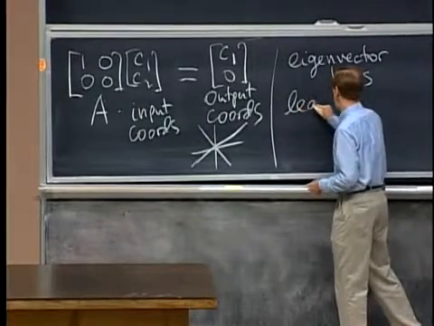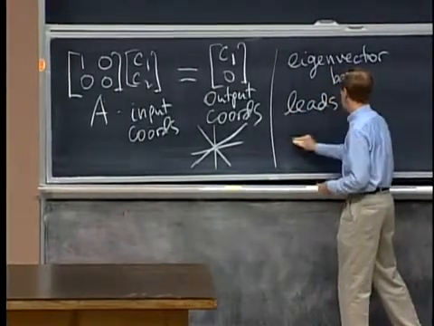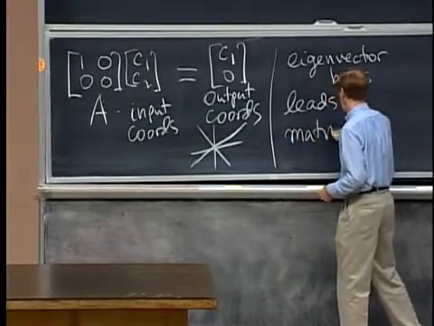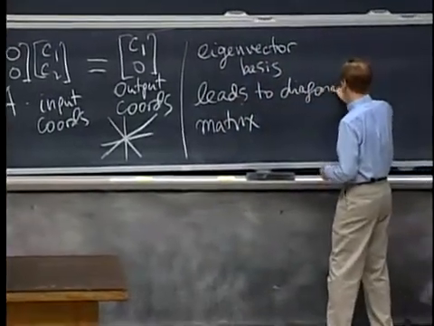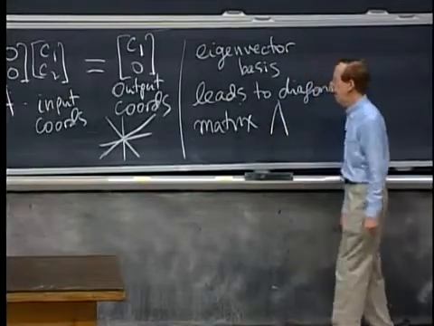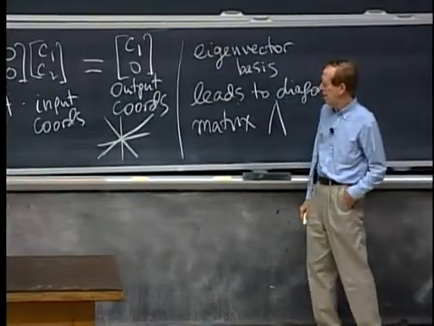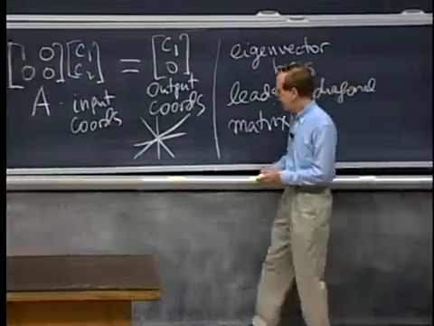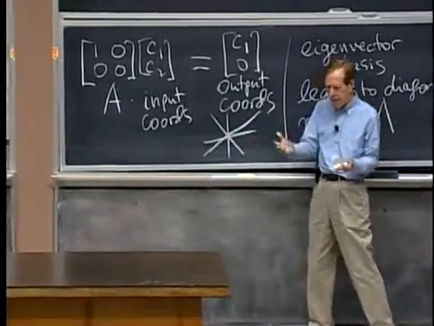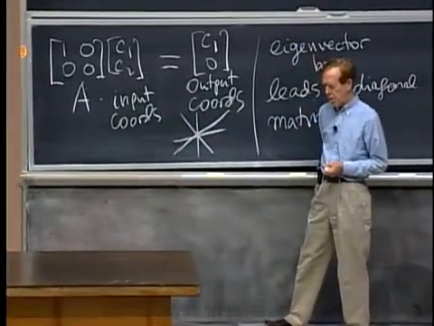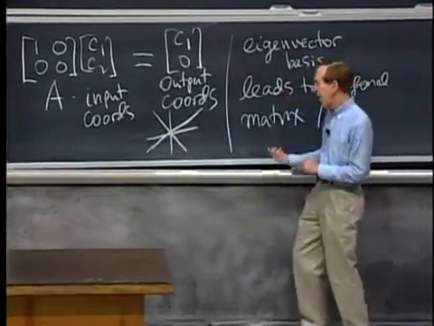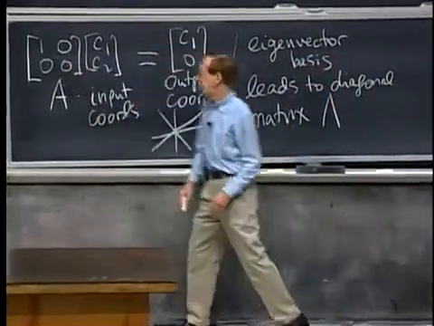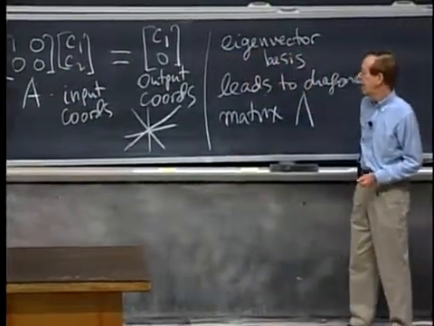It leads to the diagonal matrix of eigenvalues, lambda. And just as in this example, the eigenvectors and eigenvalues of this linear transformation were along the line and perpendicular. The eigenvalues were 1 and 0, and that's the matrix that we got.